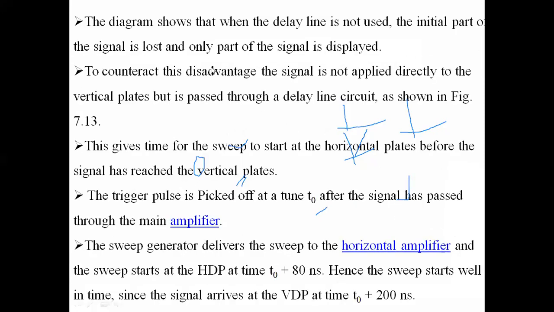That is explained here. The diagram shows that when the delay line is not used, the initial part of the signal is lost and only part of the signal is displayed. So if you do not use the delay line, some part of the signal is lost.